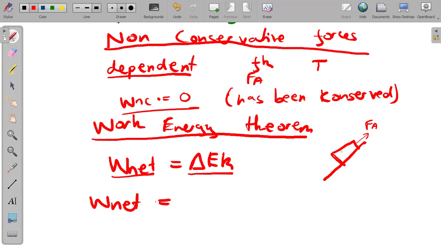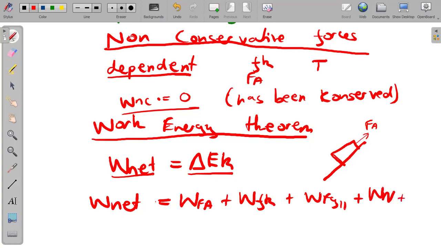There are forces acting on this object, so let's bring them out. W net is going to be given by the work done by the applied force, plus the work done by the kinetic frictional force, remember the surface is rough, plus the work done by the parallel gravitational force, plus the work done by the normal force, plus the work done by the perpendicular gravitational force.